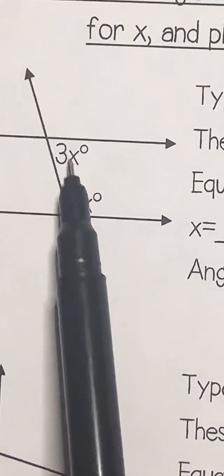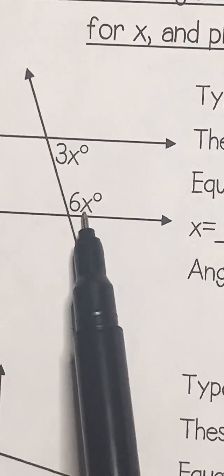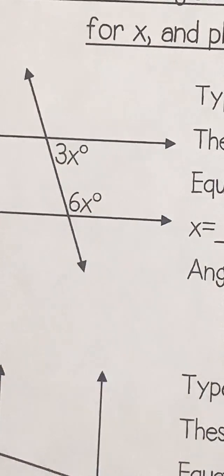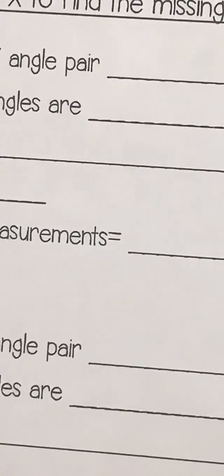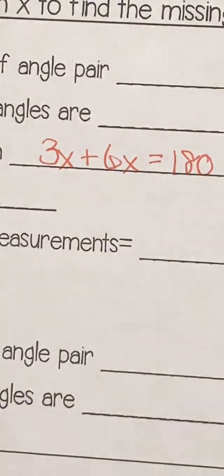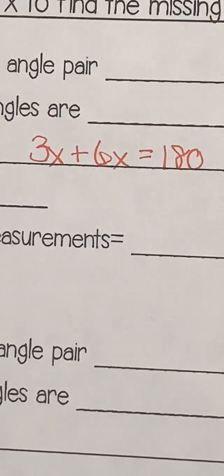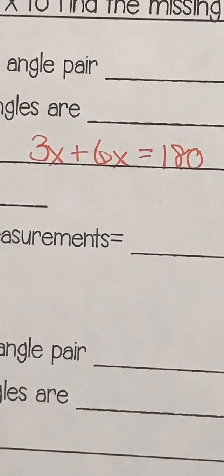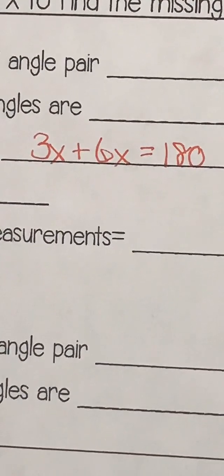So we have same side or consecutive interior angles. So that means those two angles, since they're supplementary, have to equal 180 degrees. So if I have 3x plus 6x, and I know it has to equal 180 degrees, this will be our equation. Now solve for x.